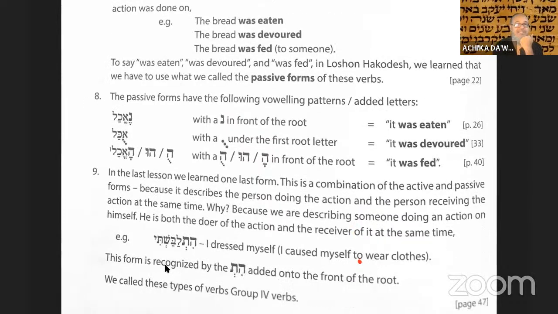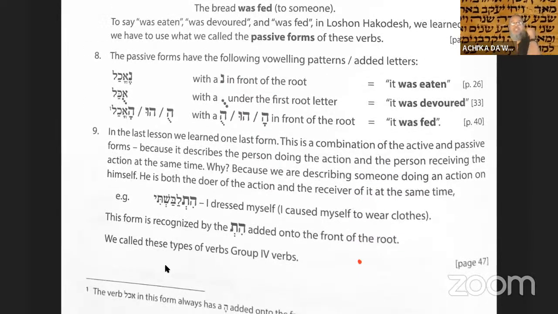It says in the last lesson, we learned that you can have a combination of an active and a passive form, meaning something that you could do on yourself. For example, you have this idea about dressing yourself. I dress myself. Well, doing the action upon oneself, this is the symbol that's being used, which is a tav and the hay and the tav.